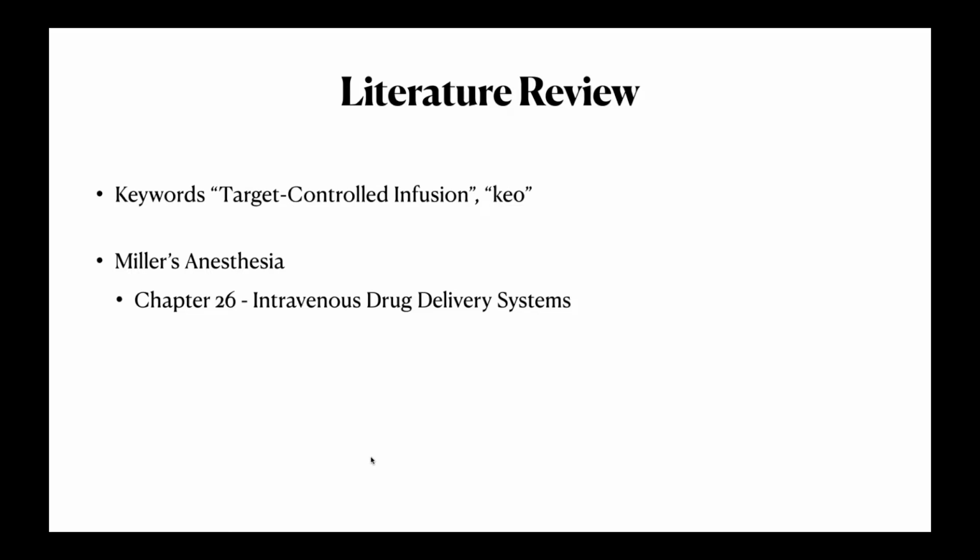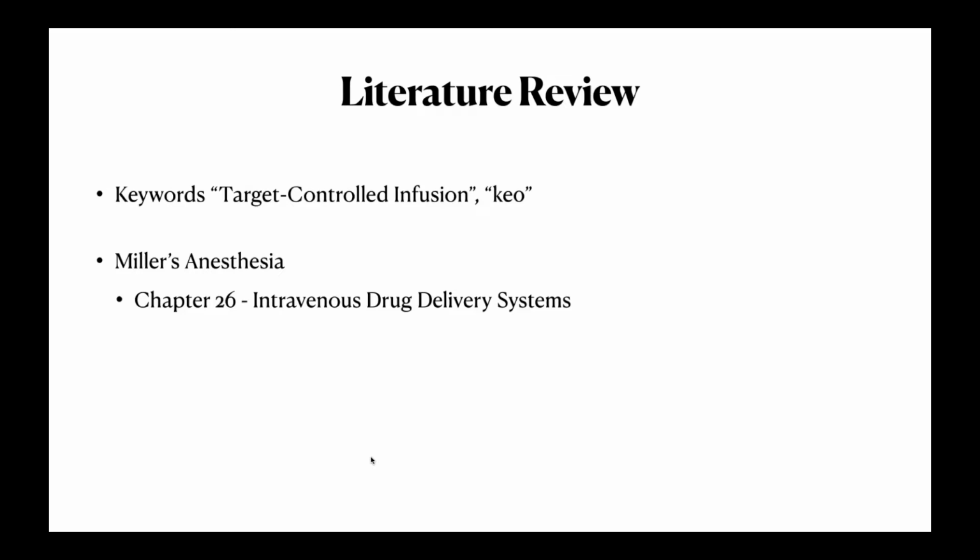For the literature review, what I've used are target controlled infusions and KEO. The main text that I've used, because it is complex enough already, is chapter 26 in Miller's Anaesthesia.